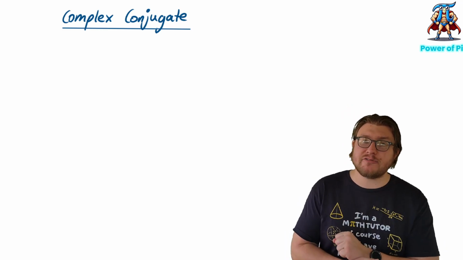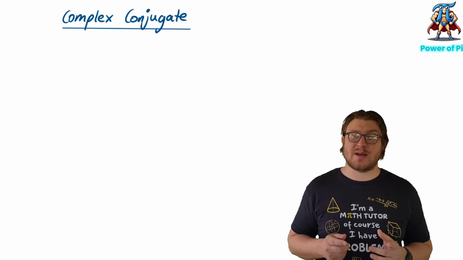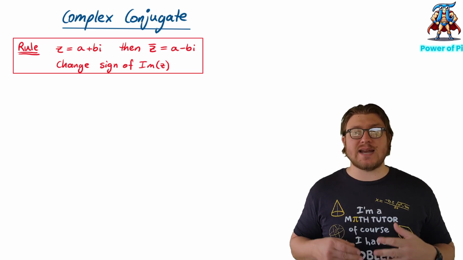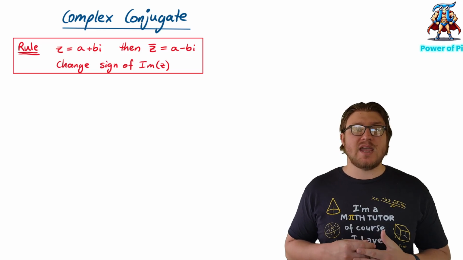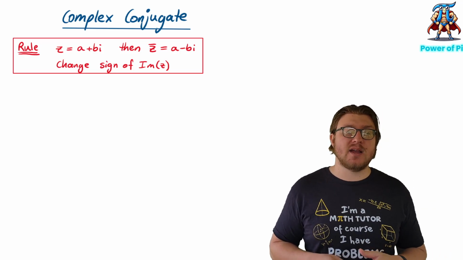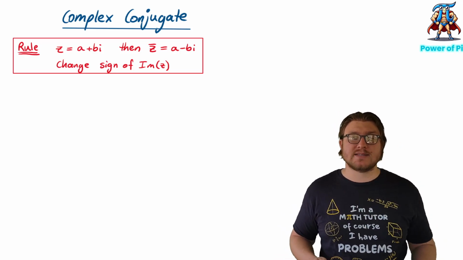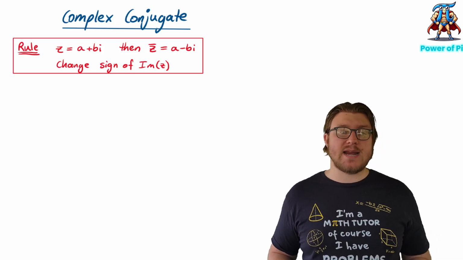So hopefully you haven't forgotten everything about the conjugate in the irrational numbers. We're going to go through what the conjugate is again and how it applies to complex numbers. If z is a plus bi, then the conjugate, written as z with a bar on top, z bar, or the conjugate of z, is equal to a minus bi.